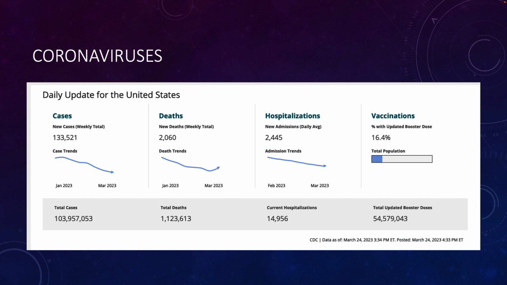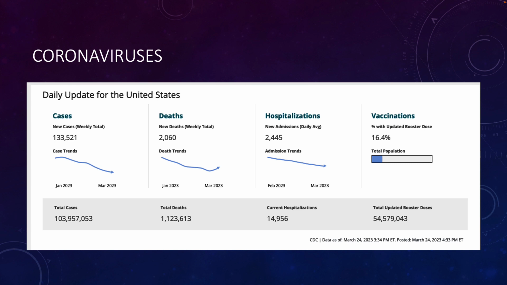And currently, again, most recent data I could find, about 15,000 people are hospitalized, and almost 55 million people have gotten an updated booster dose. So that's low. Okay, so 16.4% of people in the US have gotten an updated booster dose.